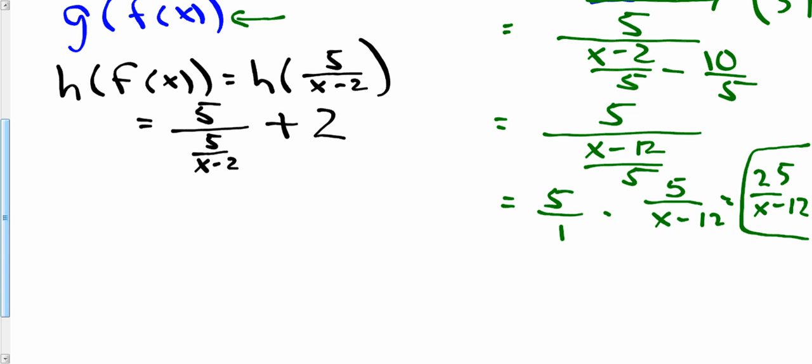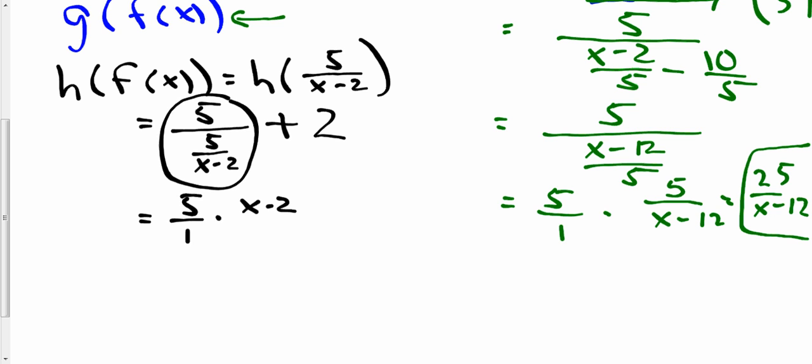But we need to simplify this first. What do I do first? Jeff, what do I do first? Divide? Okay. How do I do this guy? I like it. 5 over 1 times x minus 2 over 5.